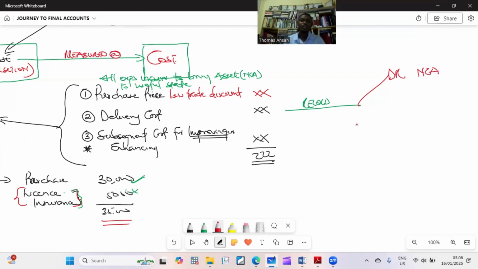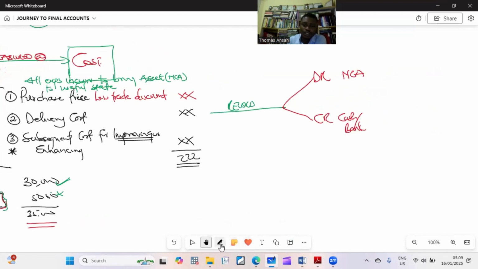You will debit the asset because the asset has increased, and anytime an asset increases, we debit it. Then you will credit your cash or bank, if you bought it with them. But what if you bought it on credit? The credit will be a creditor, so a payable.